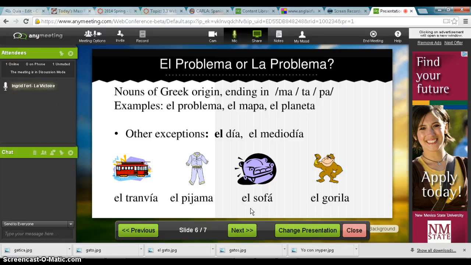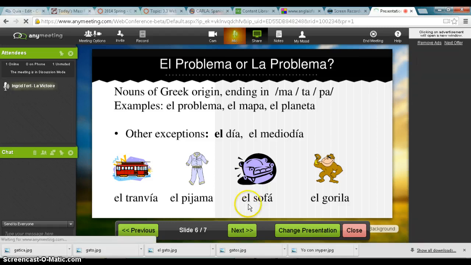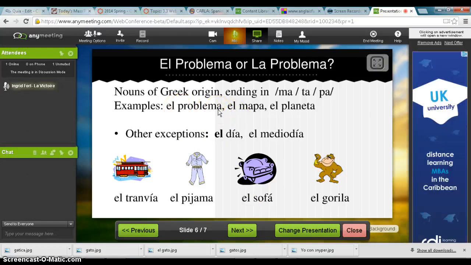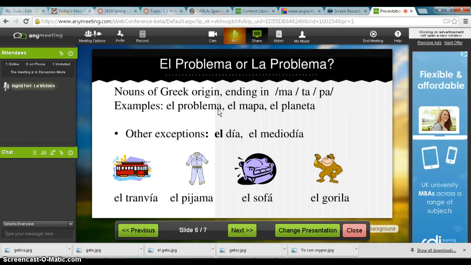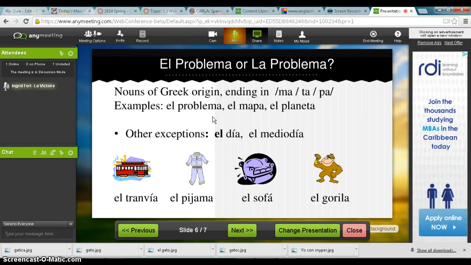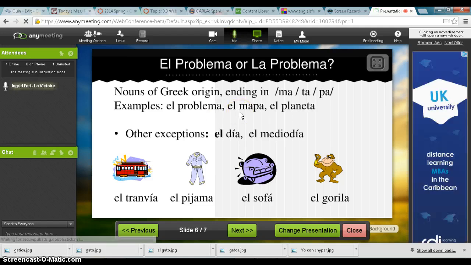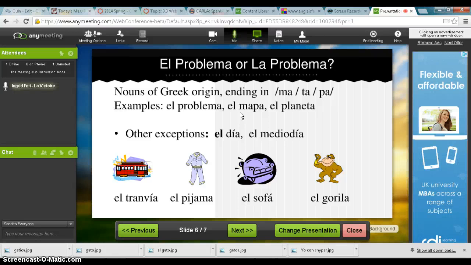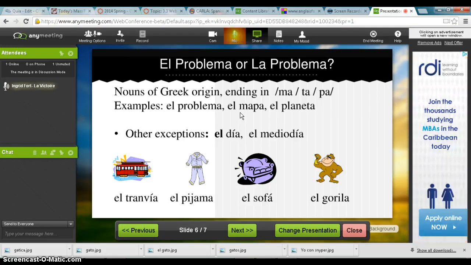If you know any other words, if you have heard words, say el problema. Have you heard the word el telegrama, el crucigrama? And then we have el mapa, el planeta, la escopeta.